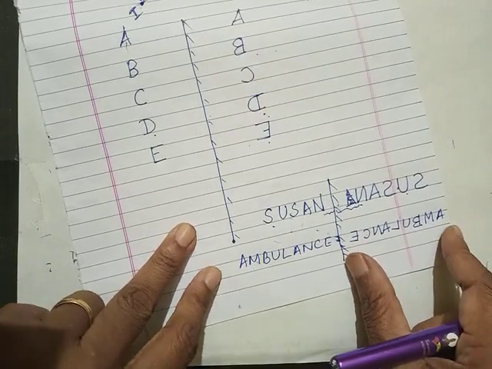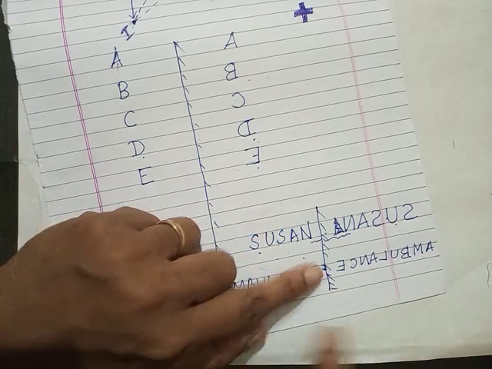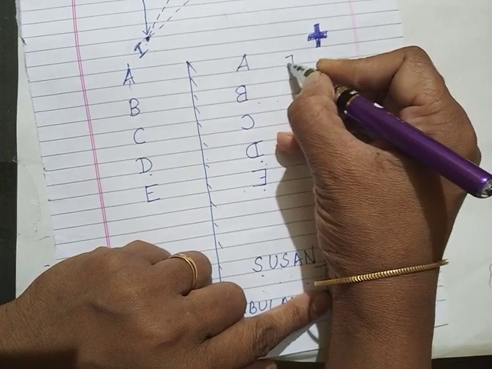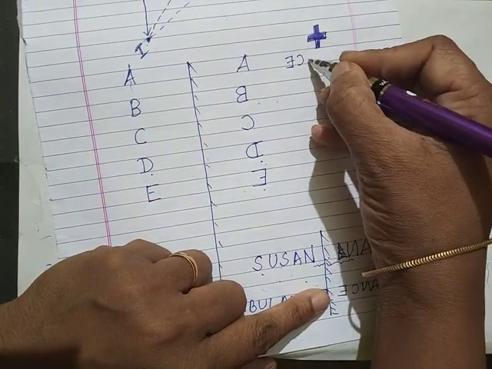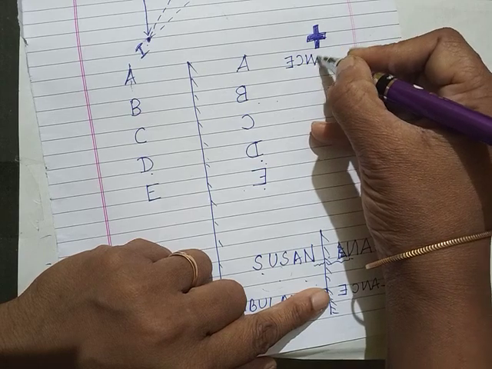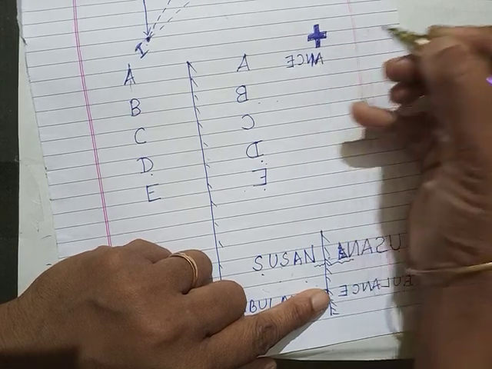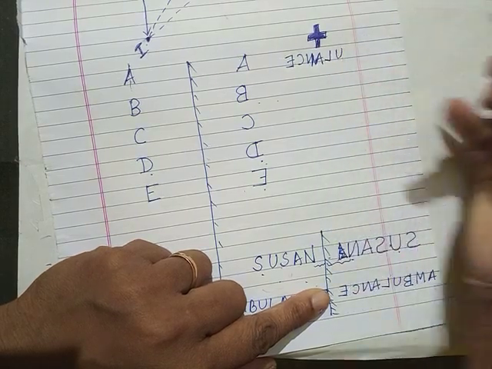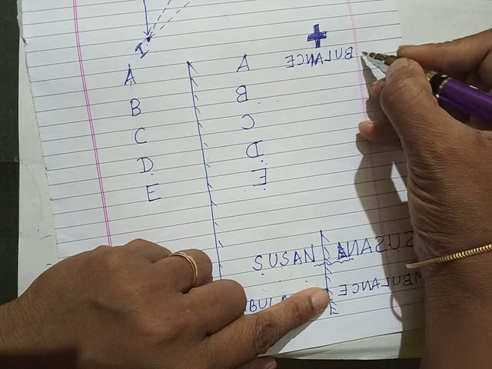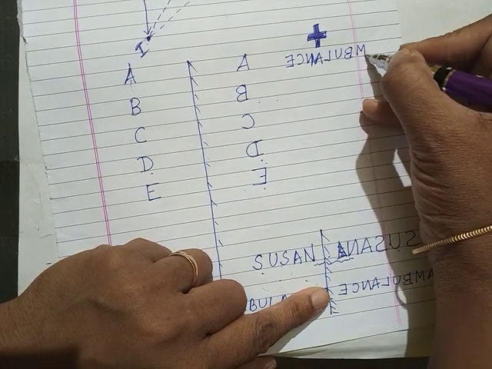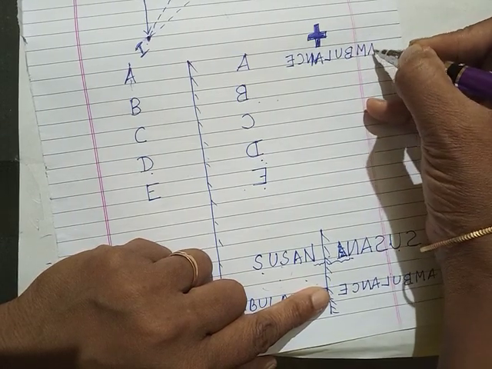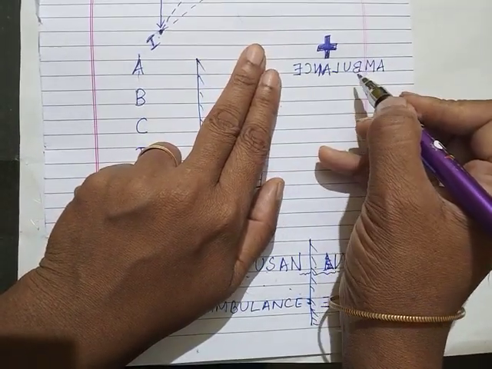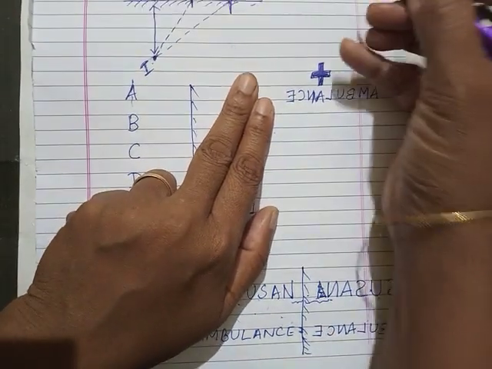So on an ambulance, you will see only this. You won't see this word. On an ambulance, only the mirror image will be written here. Okay, so if you have watched carefully, usually you expect the heading to be straight, right?